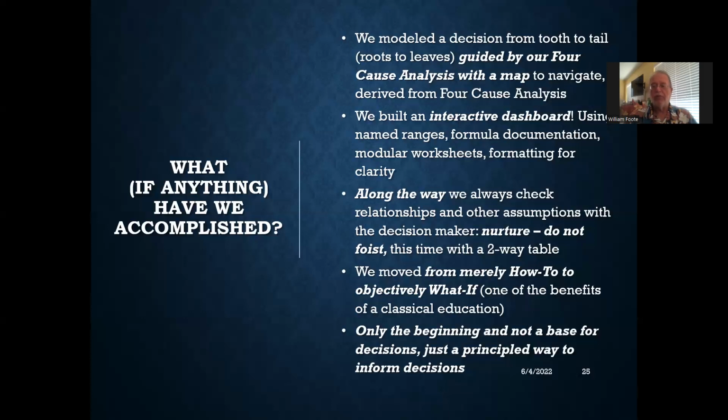Okay, those are the 5. 1, 2, 3, 4. Oh, there should be a 5th one. I can't remember what it is, but I will think of it. Okay, but this is the start. Name ranges, document with formula text, modular worksheet for each task, formatting, clarity. Along the way, this time we used a two-way table.